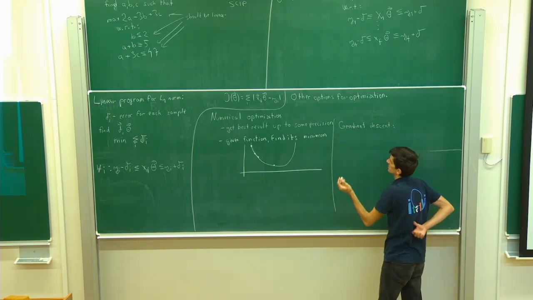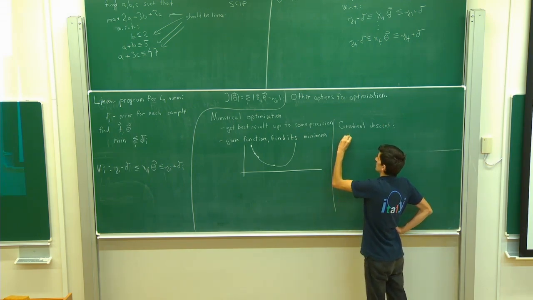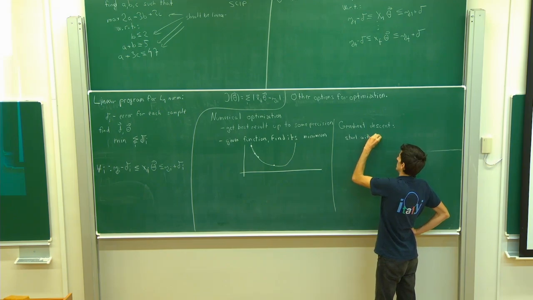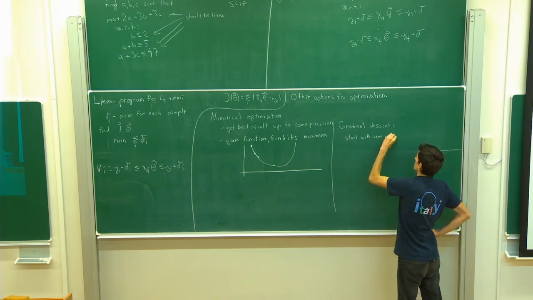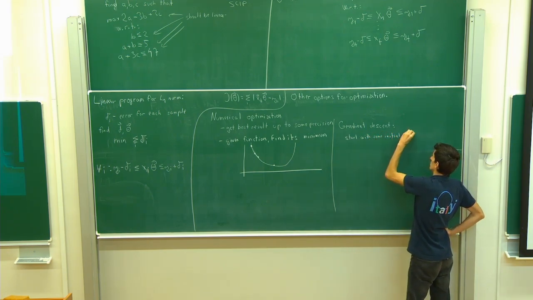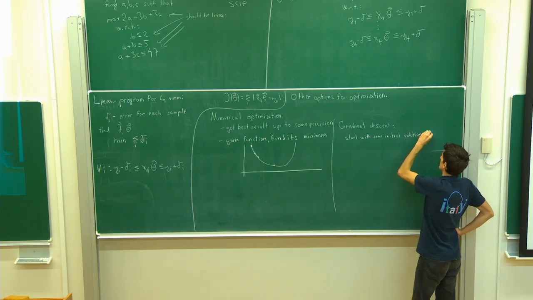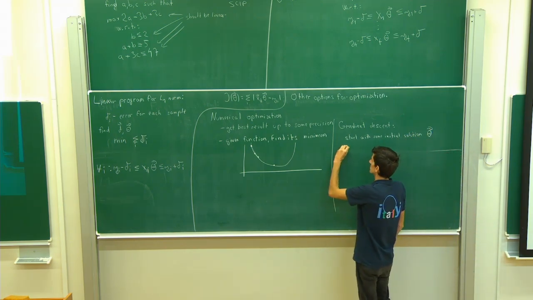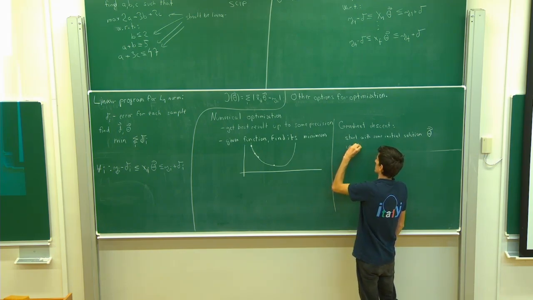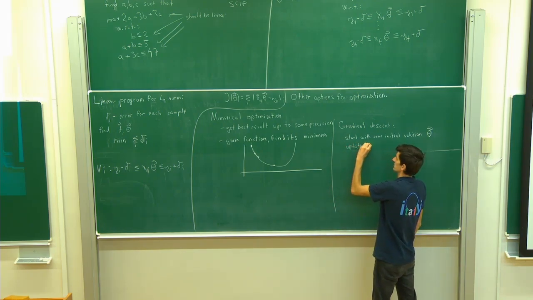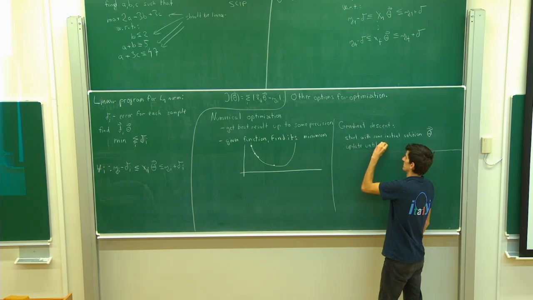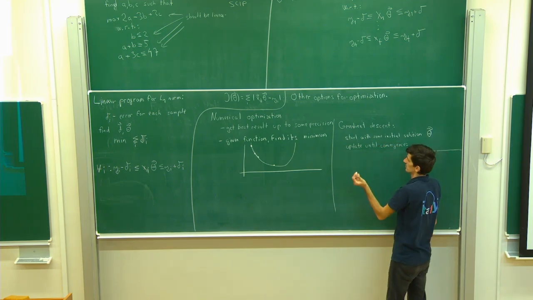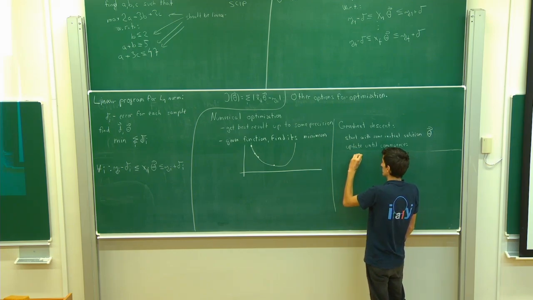And the main basic idea is that we start with some initial solution, theta for simplicity, and update it until convergence. So how do you update it?